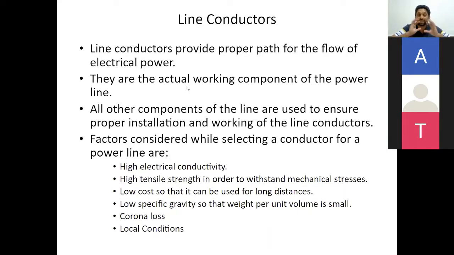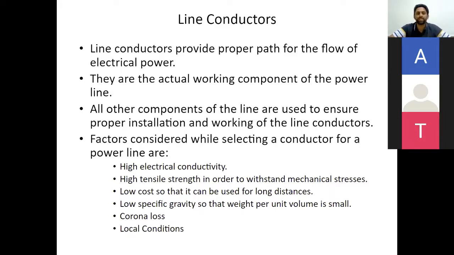As we discussed, this is the most important part, which allows current to flow. Actually, the other parts are there to help the line conductors. Line conductors allow the power to transfer from the power plant to the substation. So when you take line conductors, you have to consider some parameters.